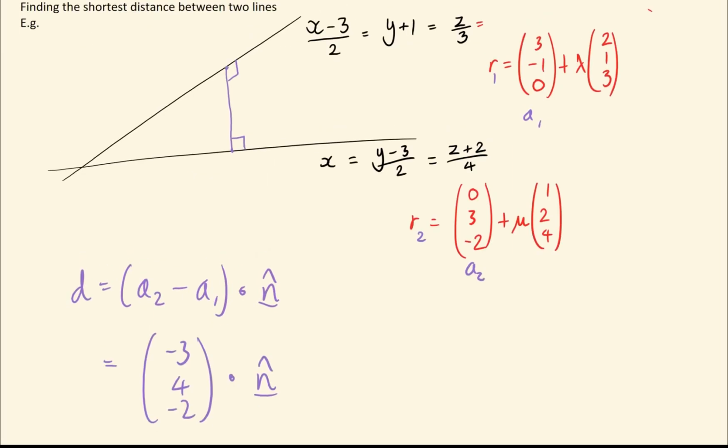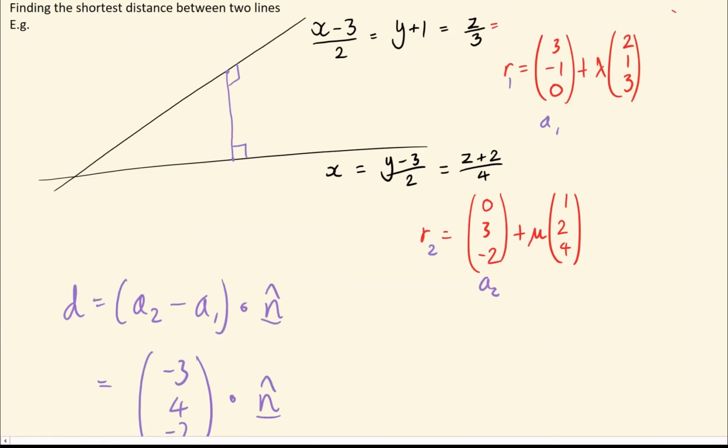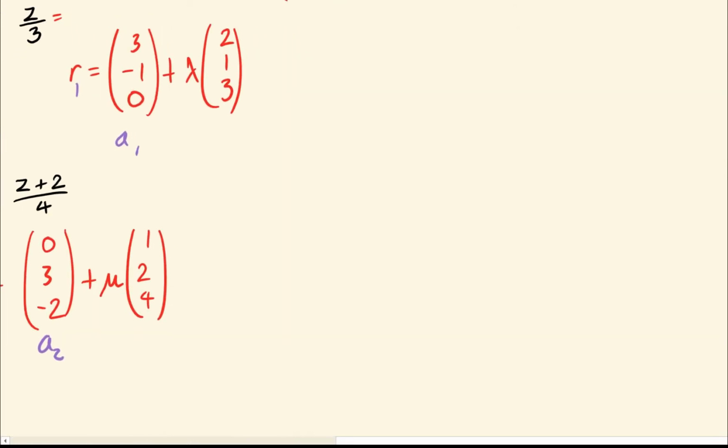To work out my unit normal vector, we've seen this before, we can do that using the cross product. The cross product tells us what vector is perpendicular to both of these vectors. We used that when we found the equation of the plane.